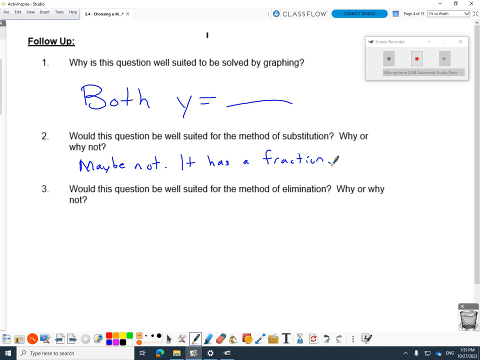What does the world do? Well, the world handles fractions. It goes ahead and deals with the fractions. But we're not going to. We're going to be like, okay, if it's a fraction, I'm going to try graphing. Would this question be well suited for elimination? Maybe not. Same answer, maybe not. It has a fraction. I don't want you to think that mathematicians are actually scared of fractions.